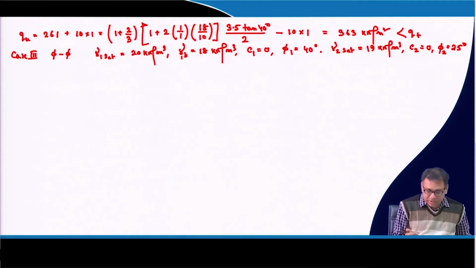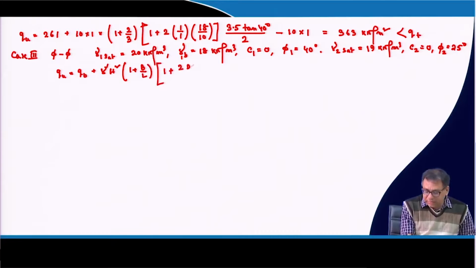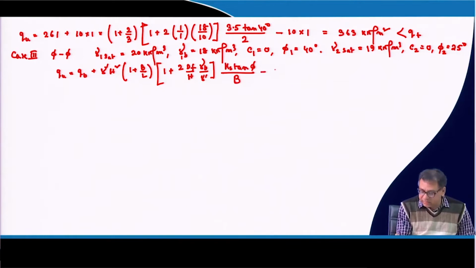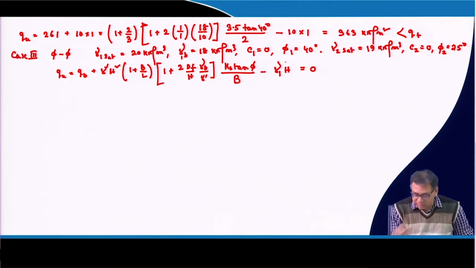So, this basic equation we can apply again. That is, q u equals q b plus gamma dash h square into 1 plus b by L, then 1 plus 2 df by h, gamma b by gamma dash, then K s tan phi divided by b, minus gamma 1 h. This part I will discuss later on, but right now I am writing gamma 1 h.